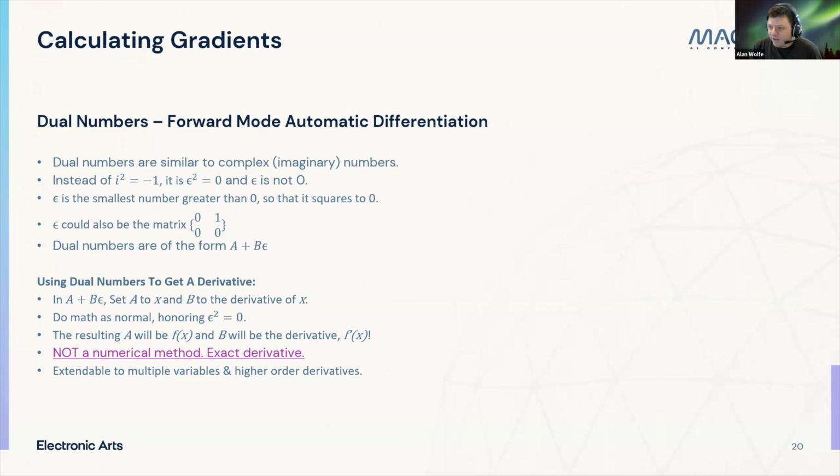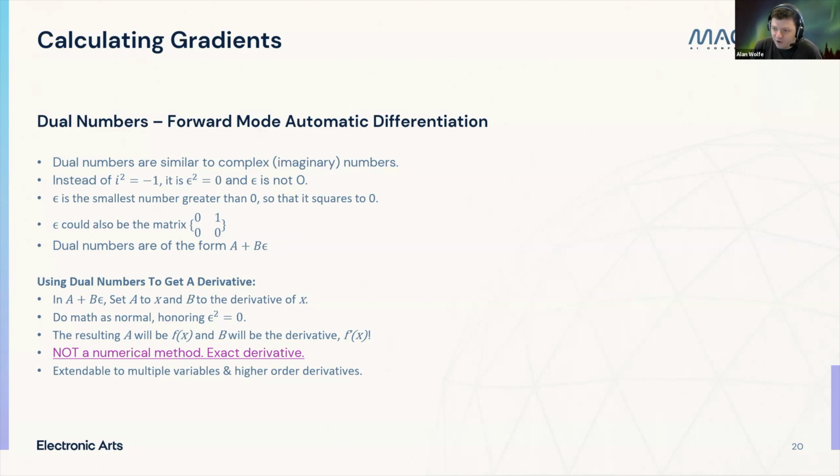So much like complex numbers, dual numbers come in the form a plus b times epsilon, where a is the real part and b is the dual part. Using dual numbers to get a derivative is in the form a plus b epsilon. You set a to your x value and b to the derivative of x, which is just 1.